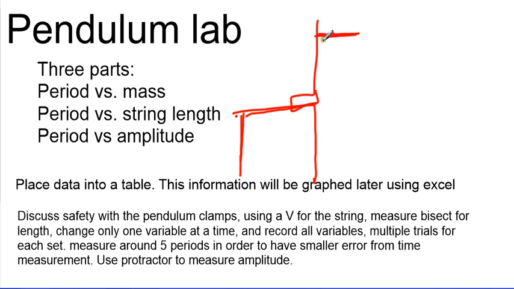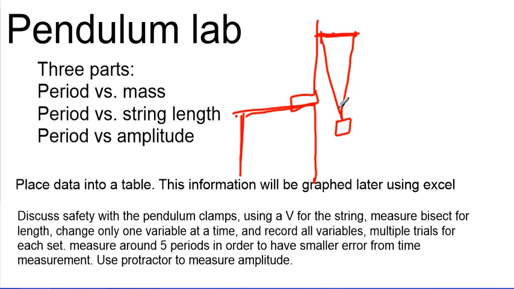And from here, what you'll want to do is set up the string and tie it off on 2 parts so that when it hangs down with a mass attached, the mass is hanging in the middle of a V. The reason for this is that this will restrict the motion of your mass to move only in one plane so that you have a lower percent error.